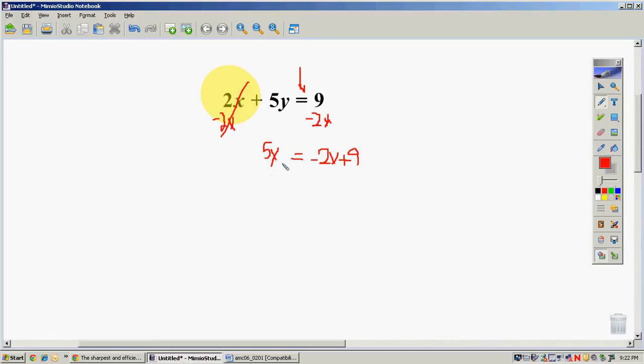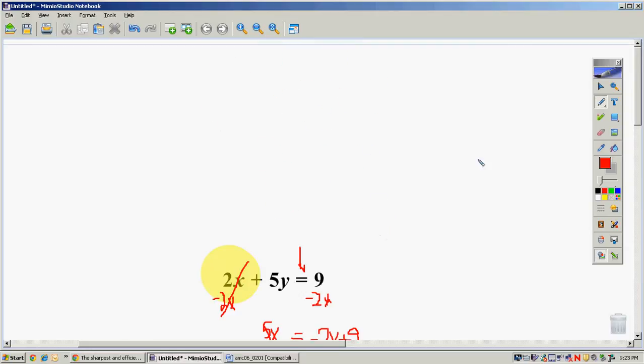So we want to divide both sides by 5 in order to get rid of the 5 touching it. 5 goes into 5 one time, so we cross it out and have y is equal to negative 2 over 5x plus 9 over 5, because the 5 has to get divided into both pieces.